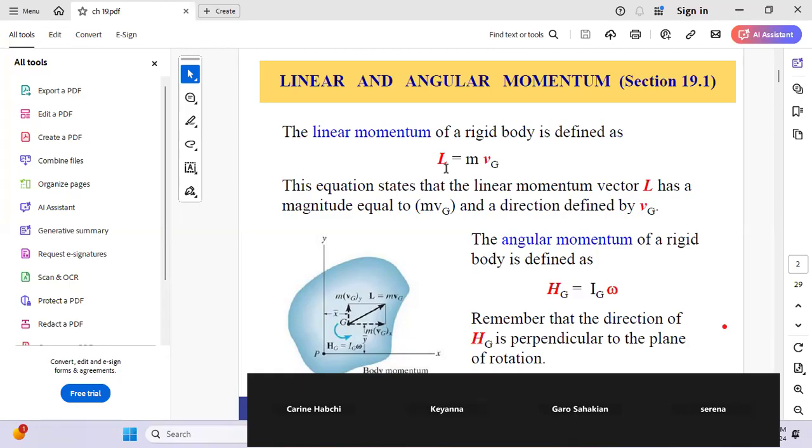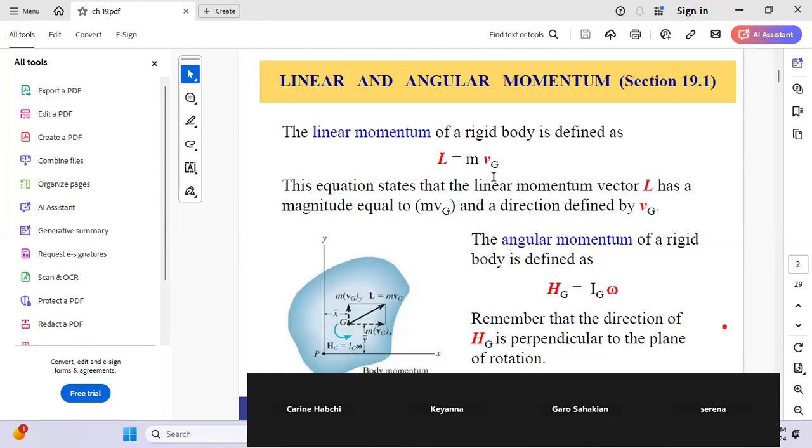Since the center of mass is a representative point for the body, the linear momentum of a rigid body can be simply calculated as the mass of the rigid body times the velocity of its center of mass. This equation states that the linear momentum vector L has a magnitude equal to m vg and a direction defined by the vg vector.